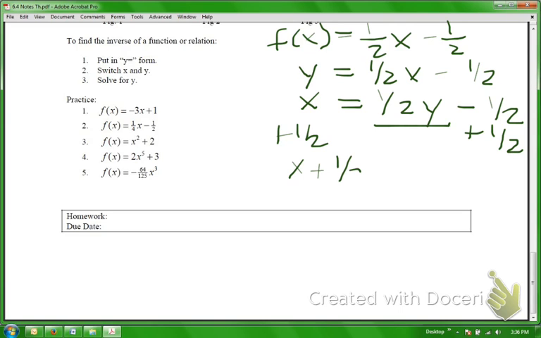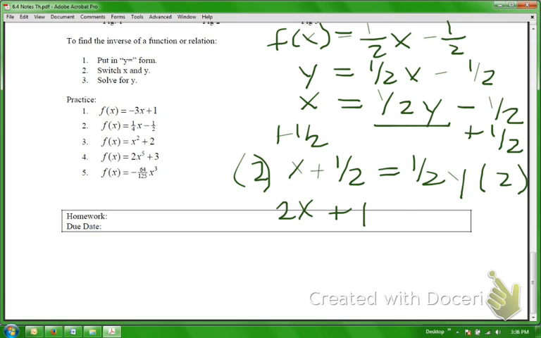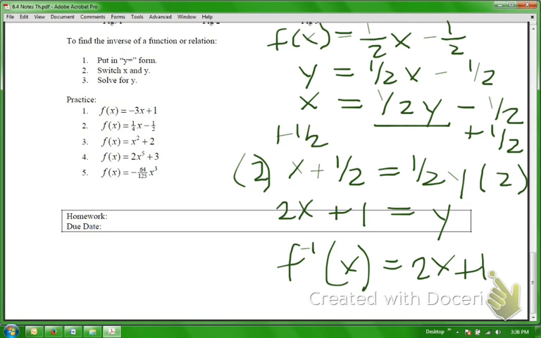So x plus 1/2 equals 1/2 y. To get rid of that 1/2 times y, I'm going to multiply by its reciprocal. I'm going to do it to both sides. So 2x plus 1 equals y, because 2 times x is 2x, and 2 times 1/2 is 1. So now that I've got it in y, remember, this is actually the inverse, so I want to be sure I write it as f inverse of x equals 2x plus 1. There you go. That's all there is to it.